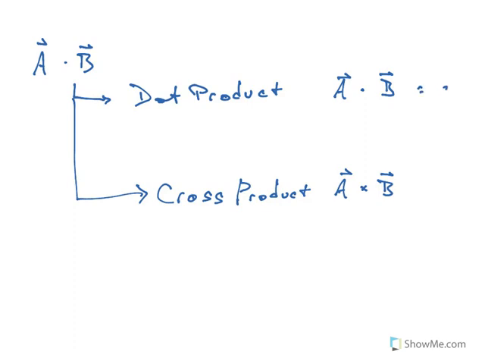You get some scalar, C, a number. It has no direction anymore. Whereas with a cross product, if you do the vector A crossed with the vector B, you get some new vector C. So dot product, some kind of multiplication that gives you a number. Cross product, some kind of multiplication that gives you a vector.